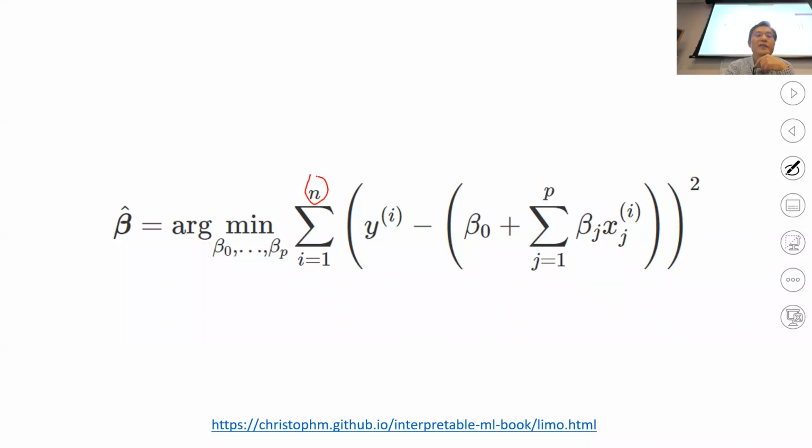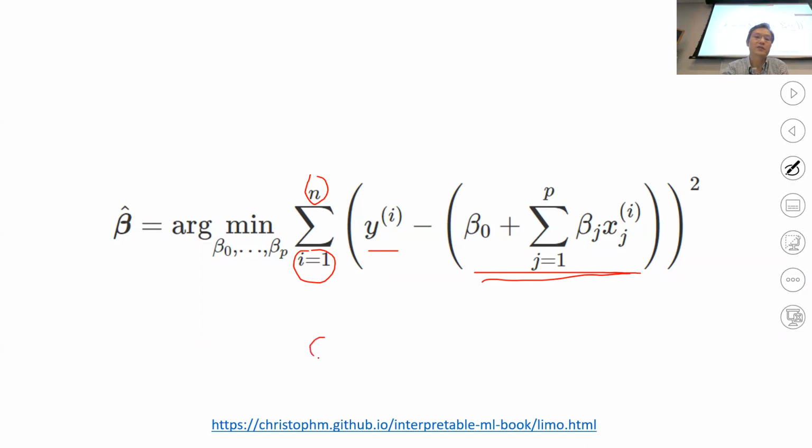So now you have n samples. You calculate the difference between each observed value and its prediction. And then at the end, this will be a vector of errors. So you sum them all together after squaring.